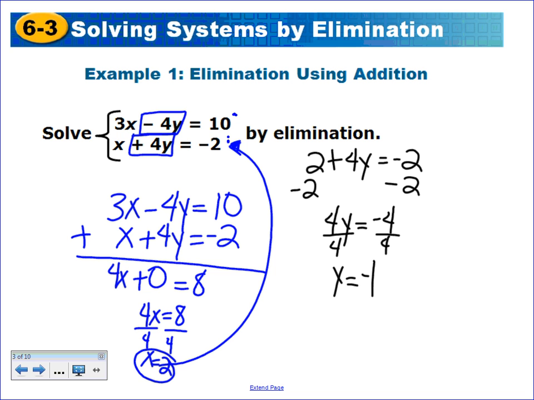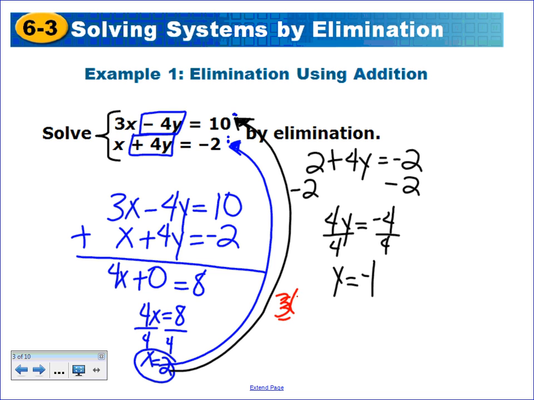And since it's the first example that I'm doing, I'm going to go ahead and double check my answer by plugging in my x equals 2 in my first equation, just because it's the first one I'm doing today and I want to make sure that I did it right and that I'm teaching you guys how to do it correctly. So 3x, I can replace that x with 2.